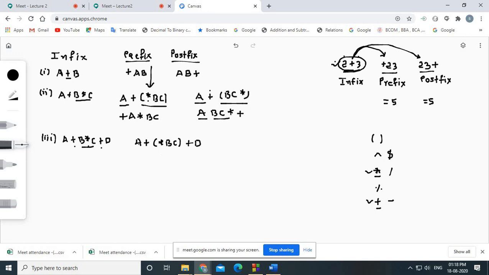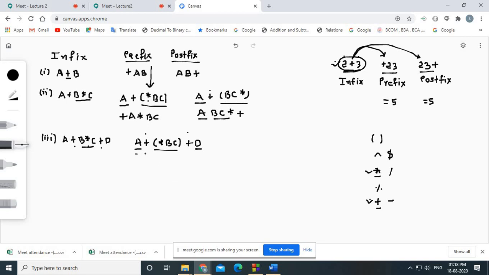Now here you have three operands: first operand, second operand, and third operand. At a time obviously we cannot process all the operands. Now here you have a plus, and again a plus, so both sides you have a plus. Plus and plus have equal priority, so in that case the associativity rule will be applied.